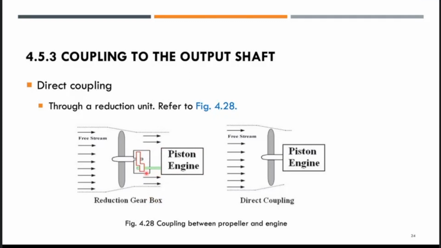So this type of engine has a reduction gearbox, and there are also piston engines that are connected directly, which is the old type of piston engine. They have a direct coupling, and then some use a reduction gearbox to have more control over the propeller rotation.